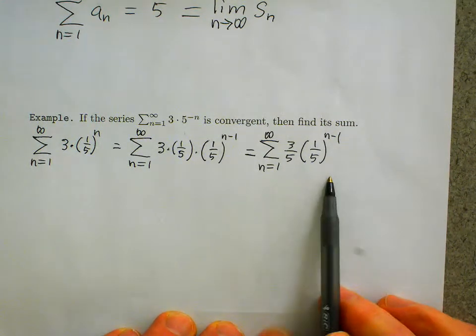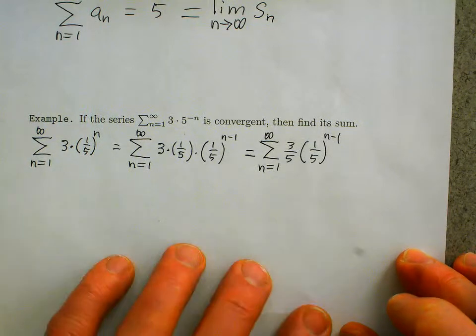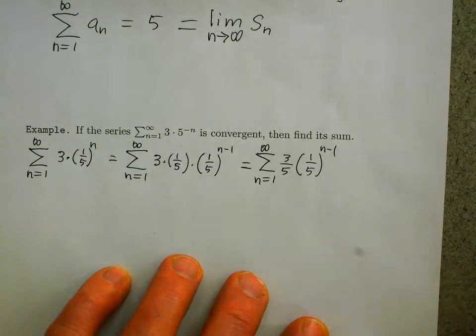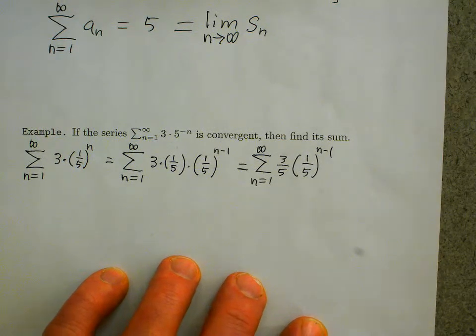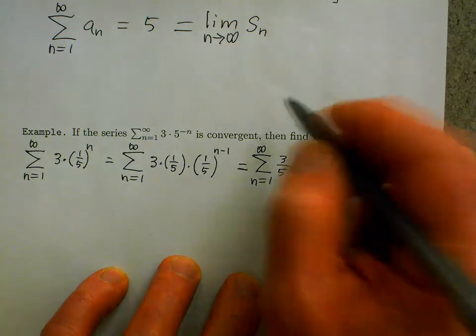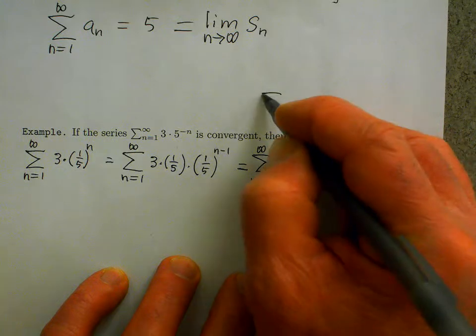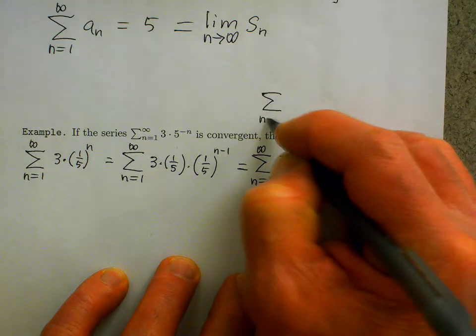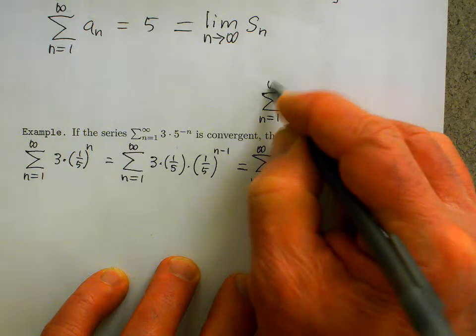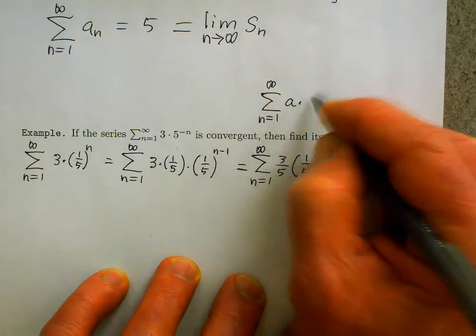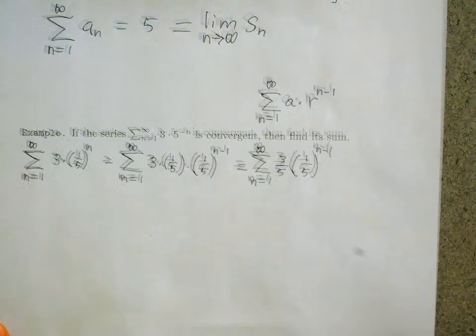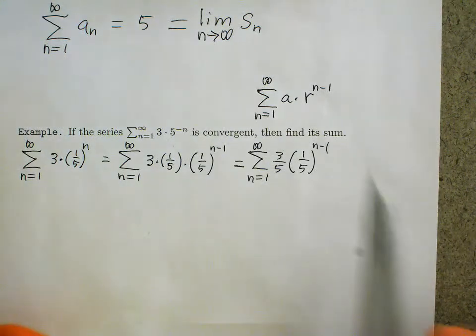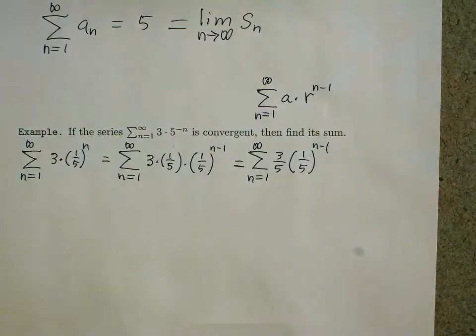So remember the form that the geometric series was presented in a couple of days ago? If you have a series as n ranges from 1 to infinity of a times r^(n-1), and the value of r is between -1 and 1, then it converges.